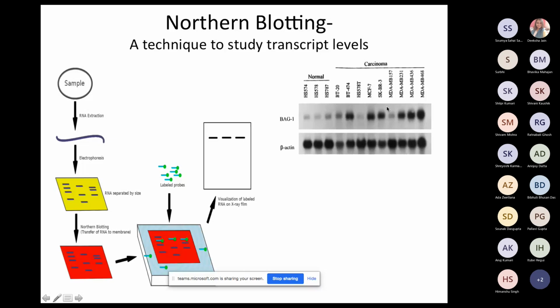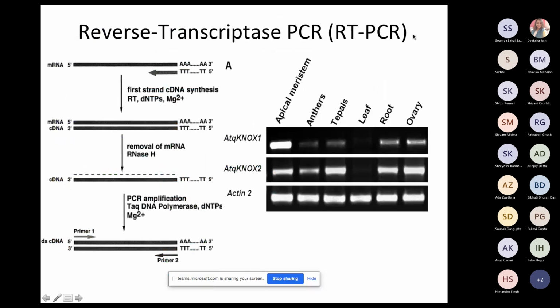And also, as you can see, it also relies on, in this case, radioactivity, and I told you in my last class how difficult it is to work with radioactivity. So yes, we do have an alternative option, if you want to check the level of a particular transcript in various tissues, for example, in a particular plant, then you can use a technique called RT-PCR, in which you design primers which are specific for your particular gene of interest.